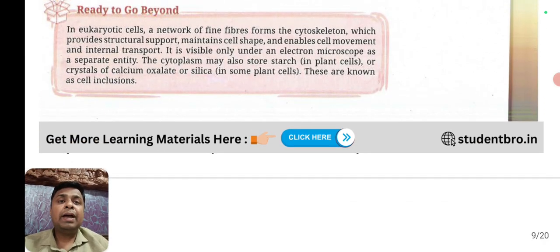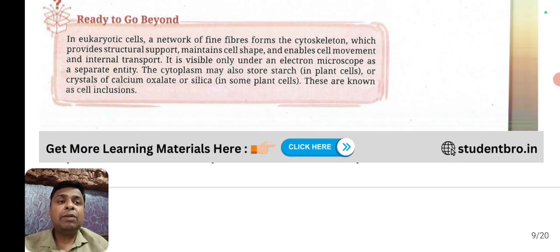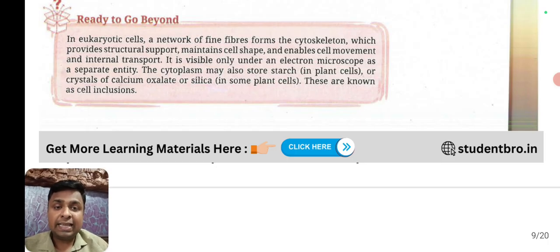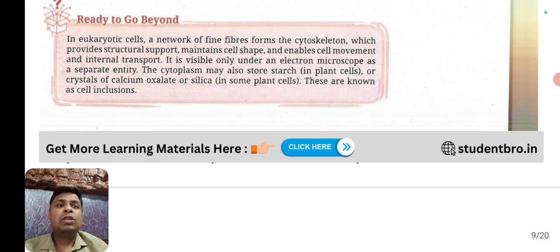Now let's go ahead. In a eukaryotic cell, a network of fine fibers is there. They are called the cytoskeleton. Like the skeleton we have which holds our body, like that we have fibers which hold the cell. So they support, they give the shape and they enable cell movement, internal movement, like a highway inside the cell.